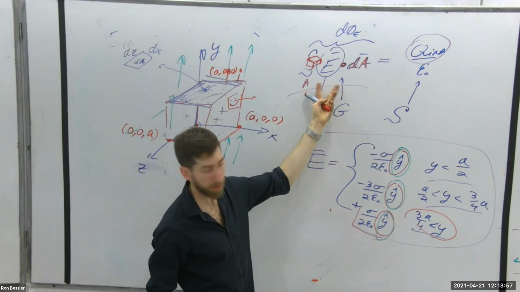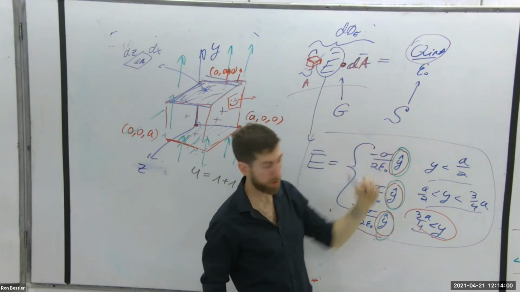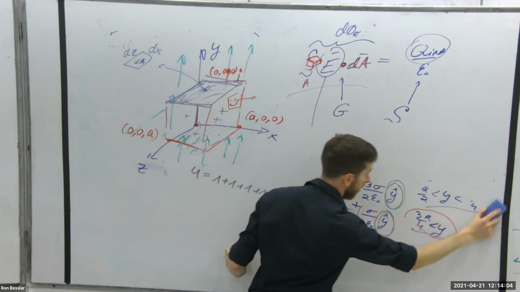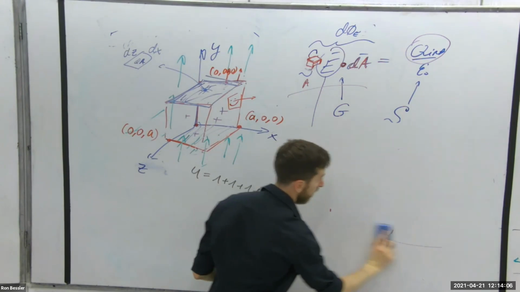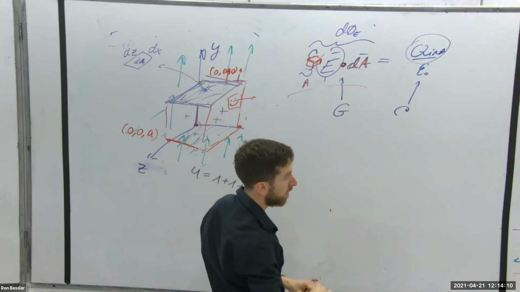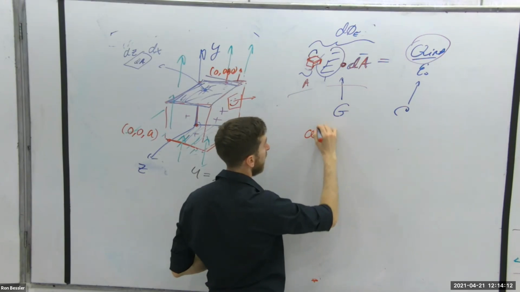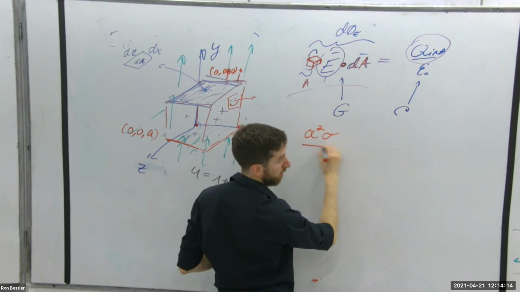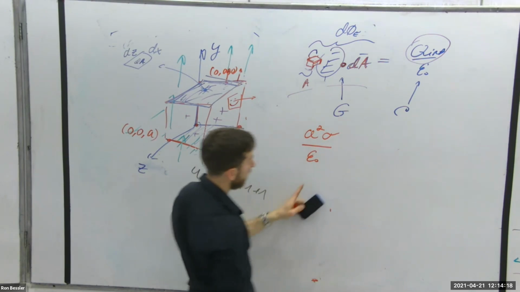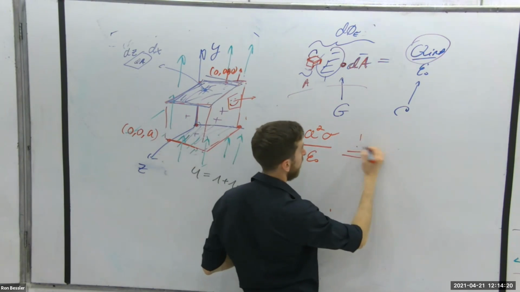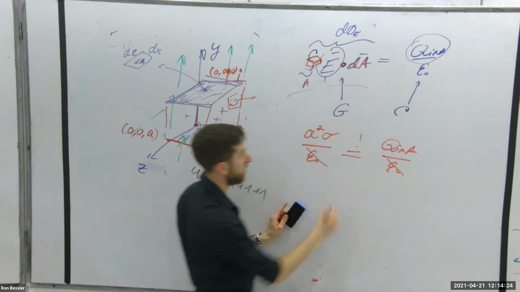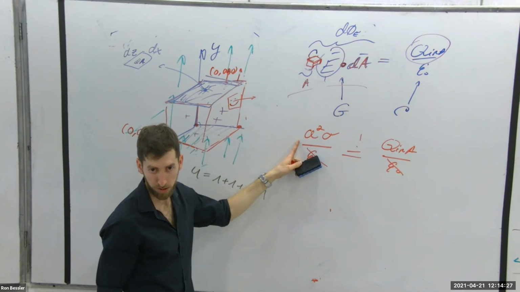If you found the electric field, we can find the charge. So let's finish the question. We don't need the electric field anymore. We know that this one is equal to a squared sigma divided by epsilon, equal to Q in over epsilon, a squared cancels, found it.